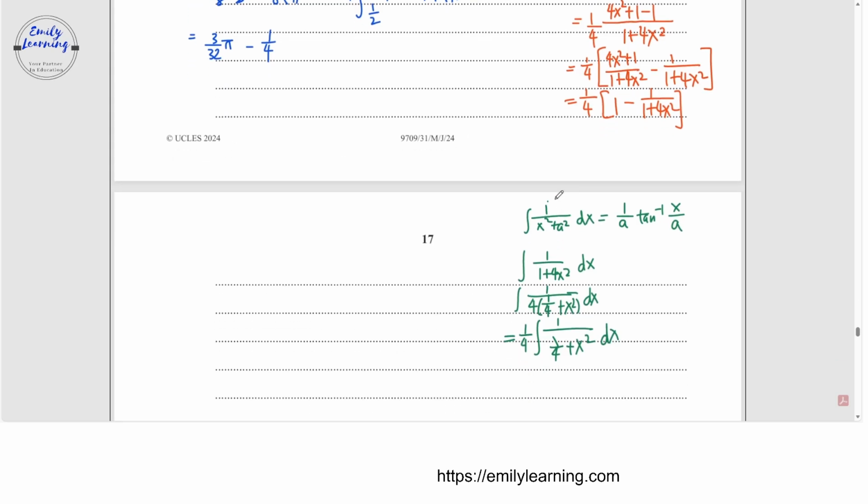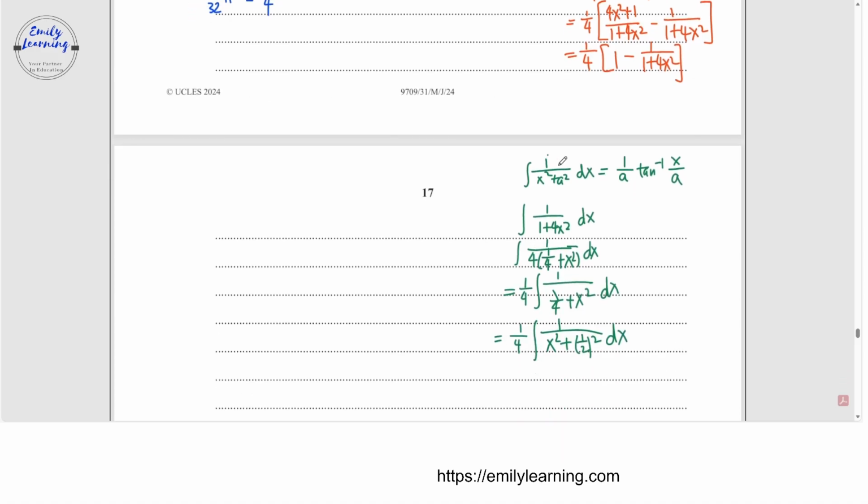Alright, very similar to this already, right? So let's rewrite it again. 1/4 is the same as half squared, right? So if I were to integrate this, my x squared is the same as x squared, but my a is half.